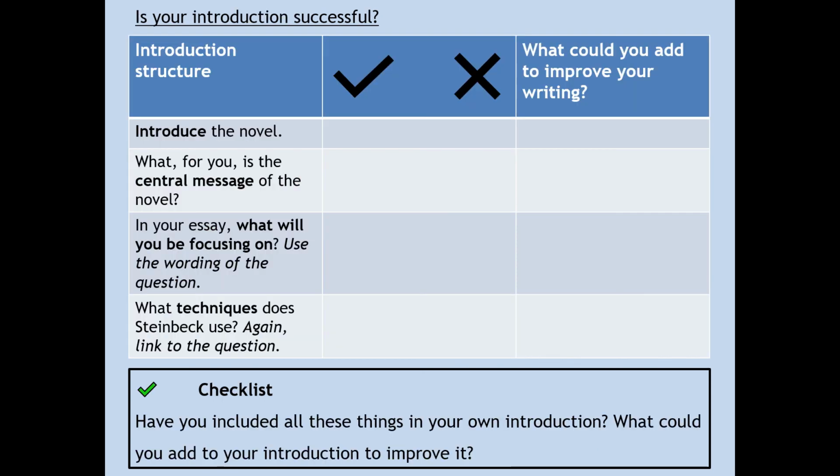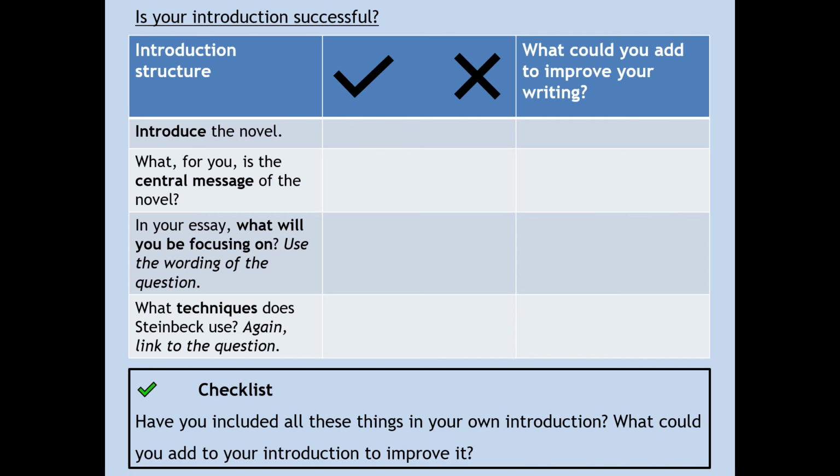Okay folks, now we've identified the aspects of a successful introduction for a critical essay, and we've looked at an example of an essay written specifically on the subject of our own writing, that is, Of Mice and Men. We can begin to evaluate whether our own introductions have been successful.